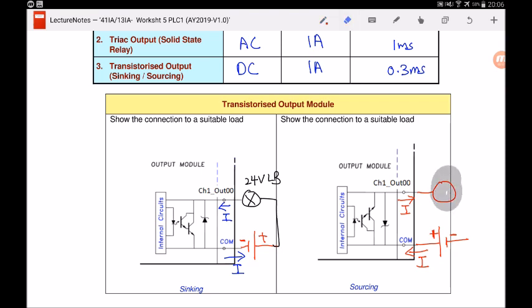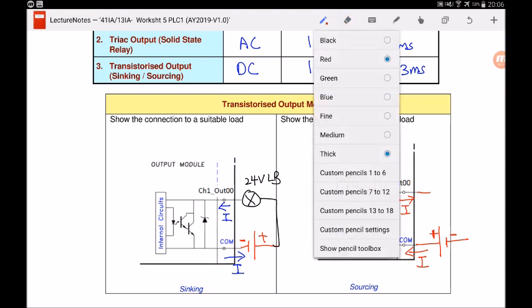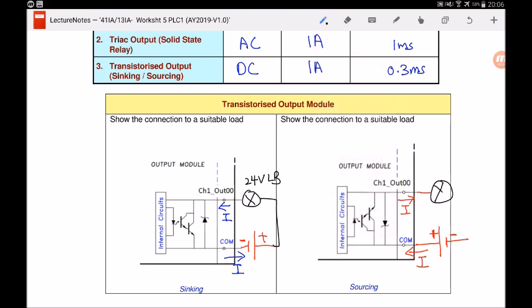Let me change the color of my pen. Again, a DC load, a 24 volt light bulb, which is a DC load. Of course a DC load will need a DC power source, as I've drawn here.